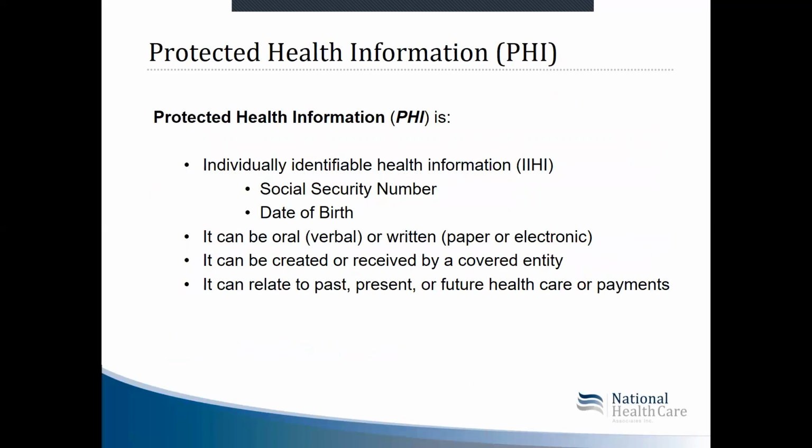Let's be clear on what PHI is or can be. PHI can be individually identifiable health information, such as Social Security number or date of birth. PHI can be oral or written on paper or electronic form. It can be created or received by a covered entity, and it can relate to past, present, or future healthcare or payments.